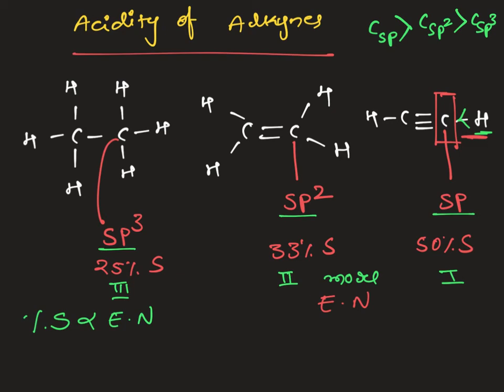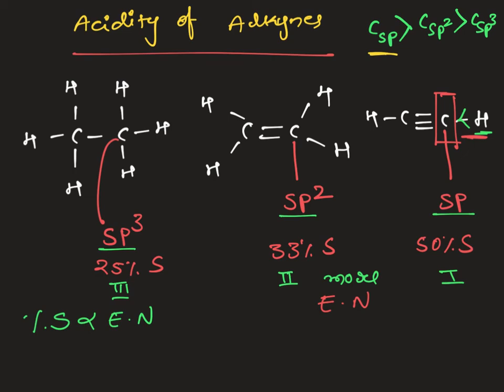The hybridized orbital has more s character, which can hold the shared pair of electrons very tightly, so the dragging ability is more. As a result, sp carbon is more electronegative than sp2 and sp3, because the percentage of s decreases from sp to sp3.